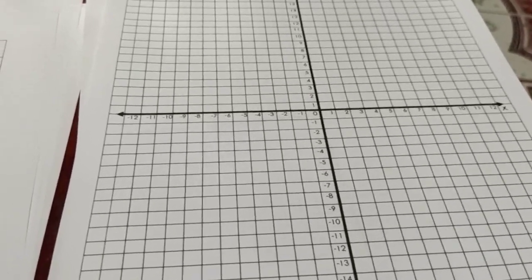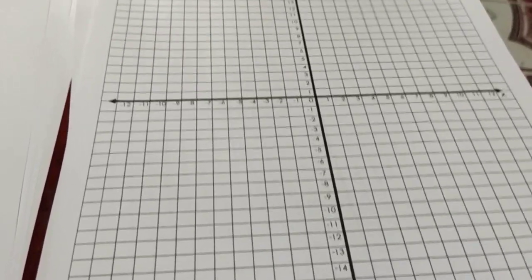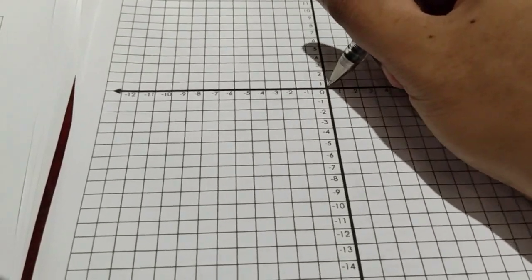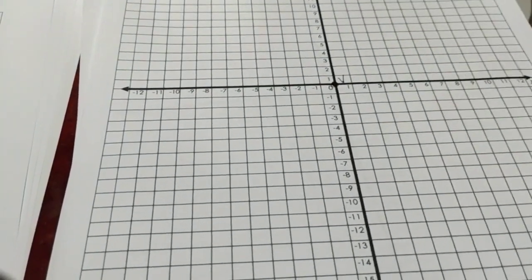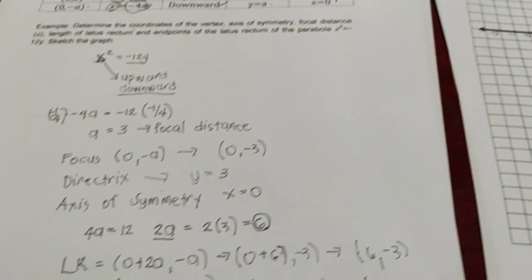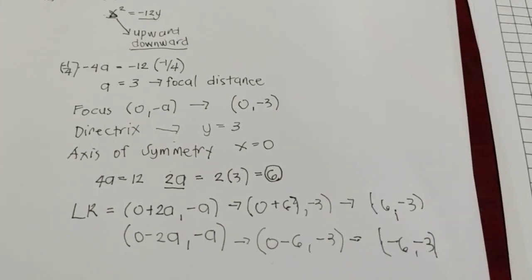So now, let's sketch the graph. We all know that the vertex is at the origin, (0, 0). From what we have solved, the focus is at (0, negative 3).